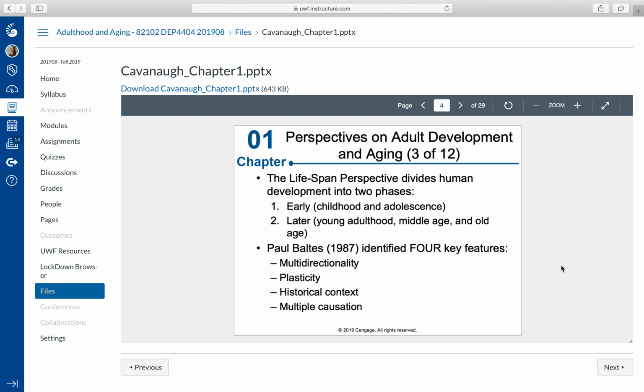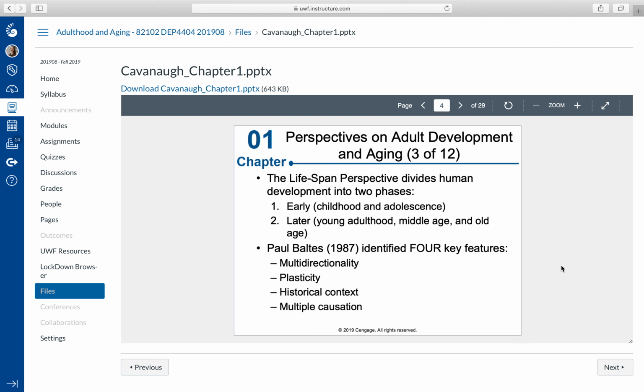You don't get better at everything either. Okay, you might become really good at giving advice because of all the knowledge and the wisdom that you've accumulated, but you're probably going to get worse at sprinting. Okay, and those are 2 pretty extreme examples. So this multi-directionality happens in very small ways, and we'll discuss that throughout this course.